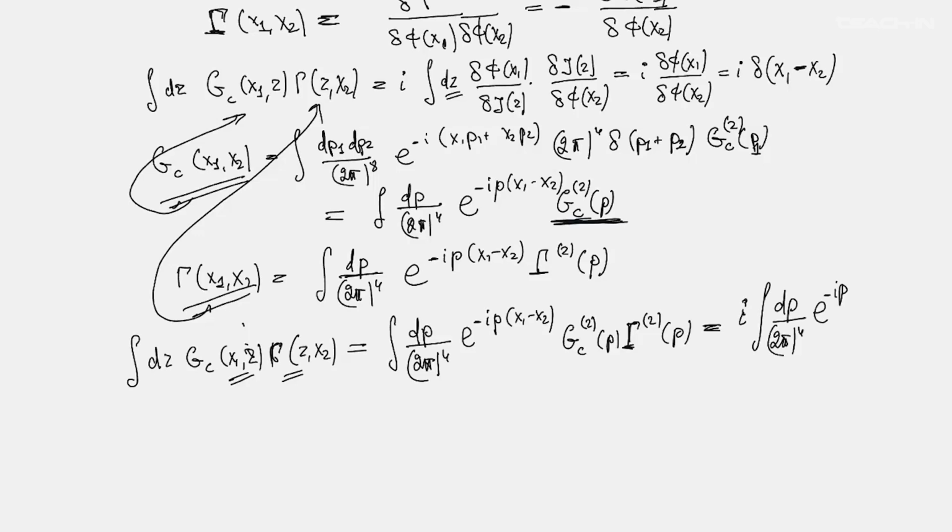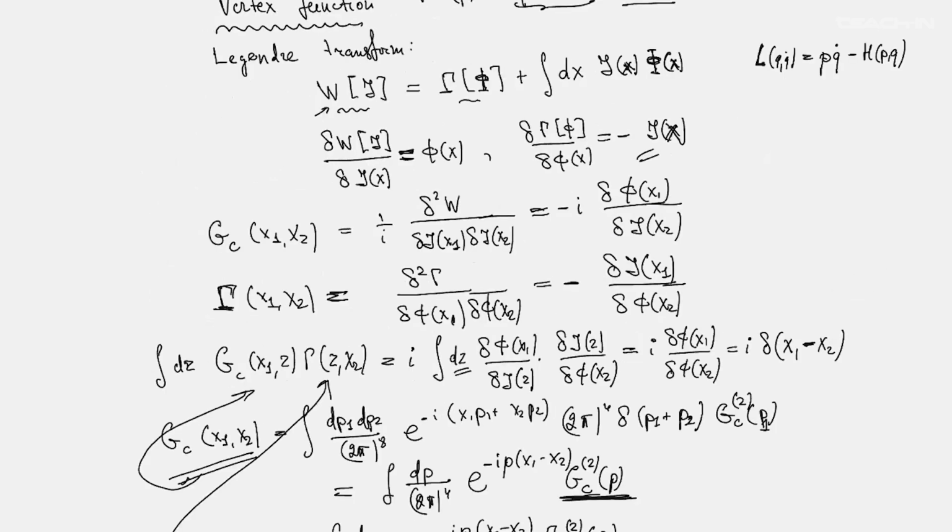And so comparing the left-hand side with the right-hand side tells me that from here I deduce exactly the desired relation between G and gamma in the momentum space, which we have just seen from our introduced definition of gamma.